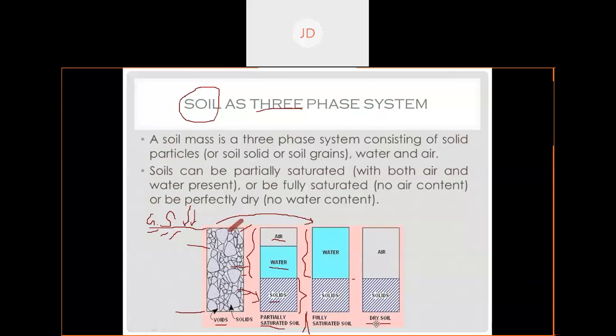From the name also you can understand what dry means. Dry means no water. If the soil mass contains no water in voids, that soil is known as dry. So depending on the phase diagram of soil, we can get three types of soil. What are the three types? First is partially saturated soil, then fully saturated soil, and then dry soil.